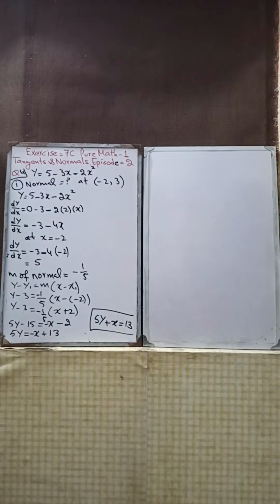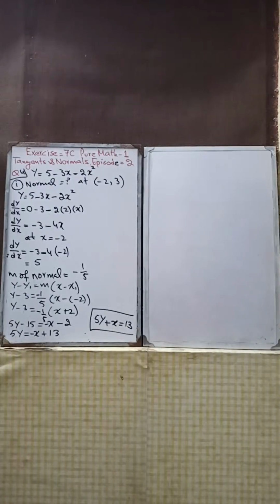At the point (-2, 3), I substitute x equals minus 2, so dy/dx equals minus 3 minus 4 times minus 2, which is minus 3 plus 8, that is positive 5. That is the gradient of the tangent.